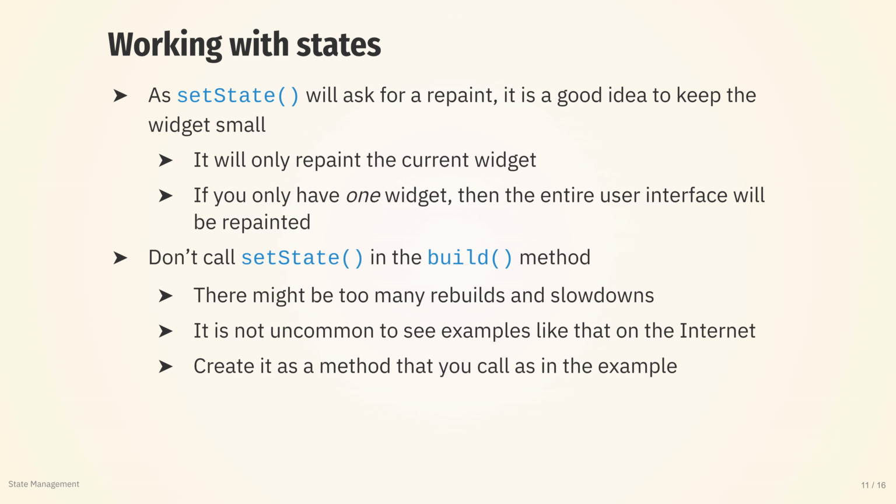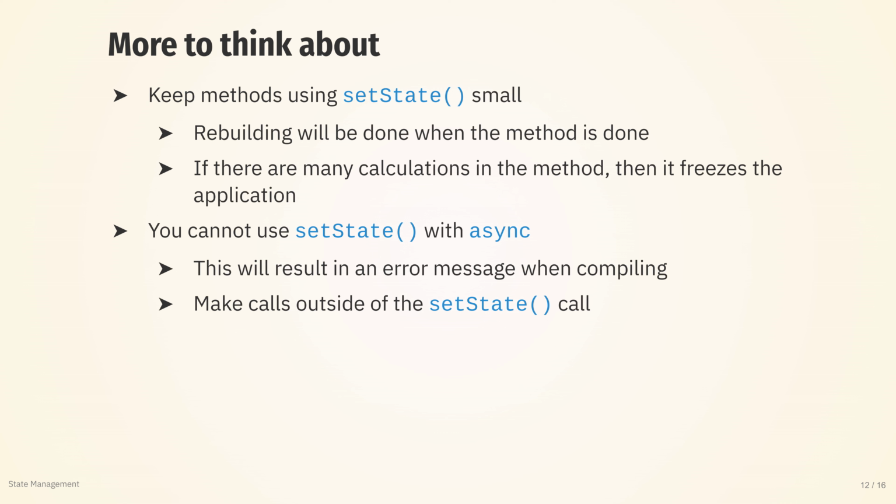But you might actually see examples of this on the internet, but it's much better to do as we did here, to call a method. So set state should be as small as possible. If this one has a lot of calculations, it could freeze the application. So keep it small, keep everything around it larger, but keep that one small.